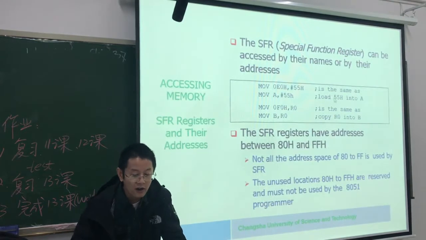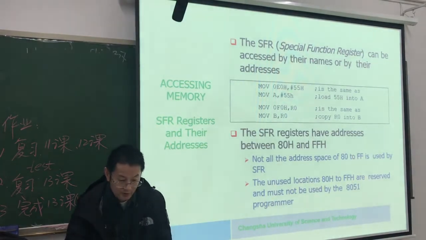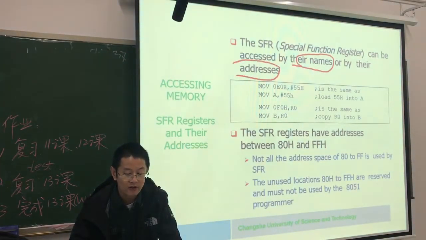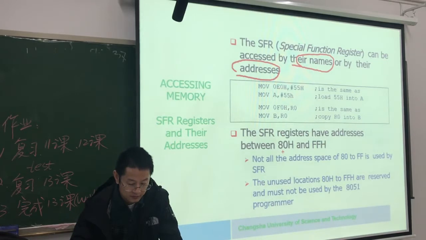The SFRs can be accessed by their names or by their addresses. If you use the name or the address, it's the same. The SFR registers have addresses between 80H and FFH.